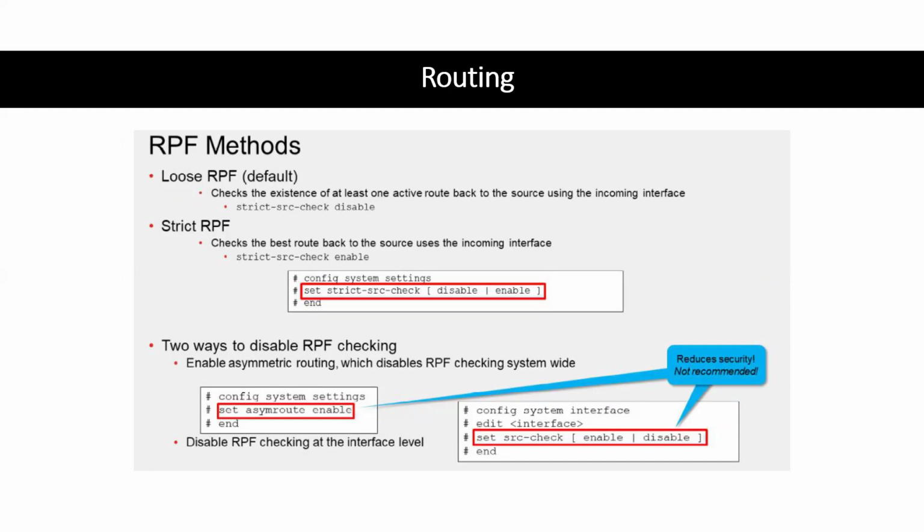Which route lookup scenario satisfies the RPF check for a packet?